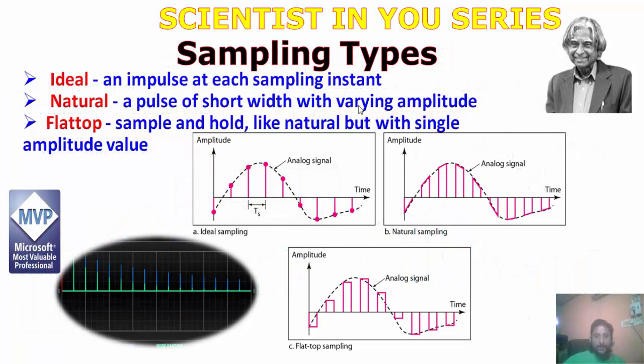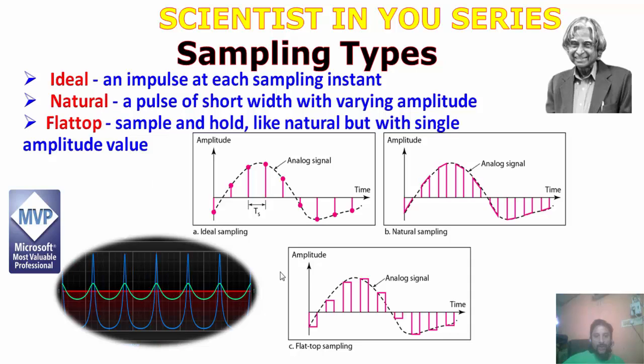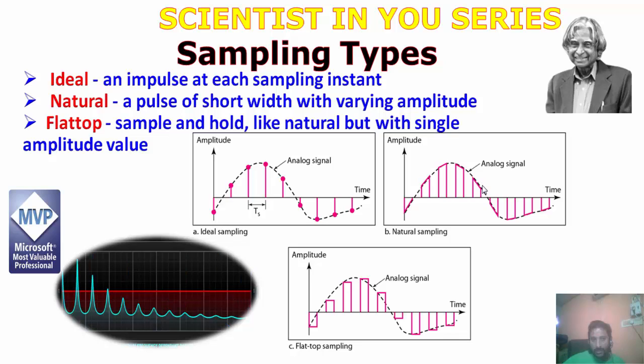And if you talk about the sampling types, the first ones are ideal, natural and flat top. If you talk about ideal, based on a specific time interval, we get the values. And if you talk about natural, you are able to see a pulse shape. If there is a varying amplitude in some area, map it and get the amplitude value.